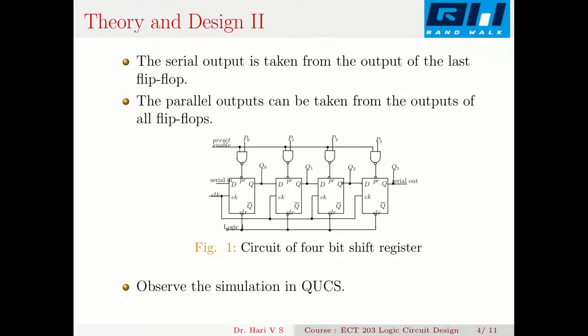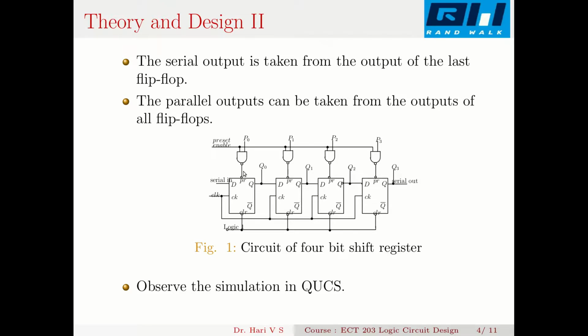So what will happen is, if I make this preset enable a 1 and these bits are active, suppose I give 1 0 1 0, so P0 is 1, P1 is 0, P2 is 1, and P3 equal to 0. These are NAND gates, so when both the inputs are 1, the output becomes a 0.